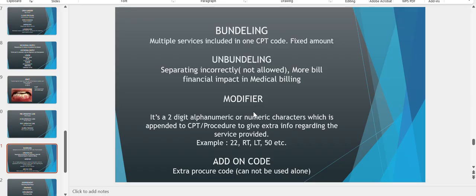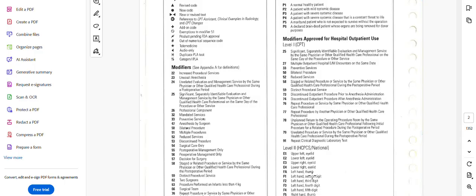Okay. Now, coming to modifiers. Modifiers are two-digit alphanumeric or numeric characters appended to a CPT procedure code to give extra information regarding the services provided, for example 22 or RT. I will show you in the CPT book. For example, modifier 22 is increased procedural services.